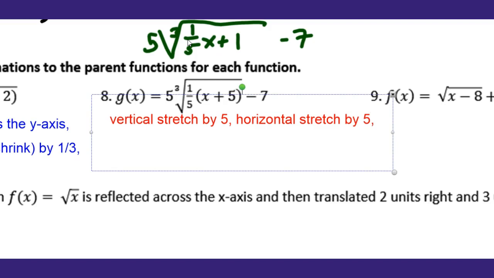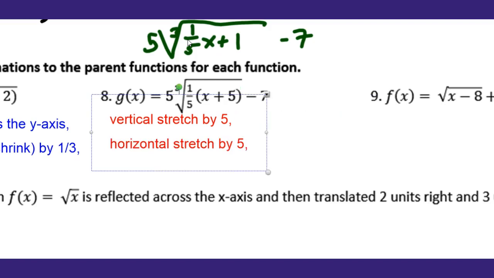And then we have the plus 1, so we have left 1. And then we have minus 7 on the outside, so we will go down 7 units.